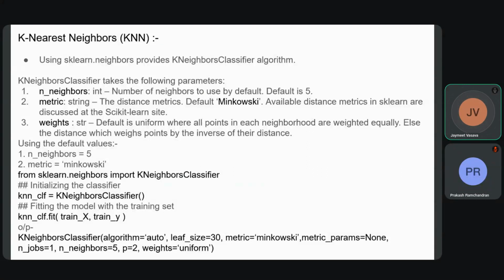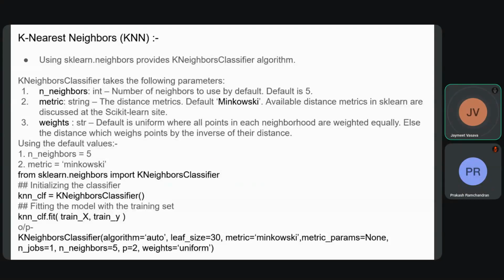Now, for creating our KNN, or K nearest neighbor, model, we will be using the default values first. So our n_neighbors will have the value of 5, and the metric will be the Minkowski distance.